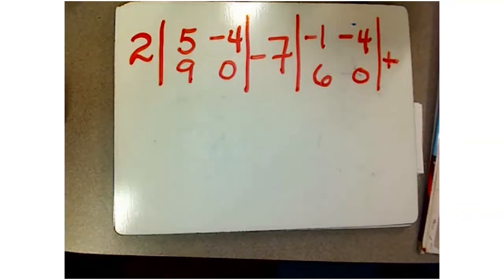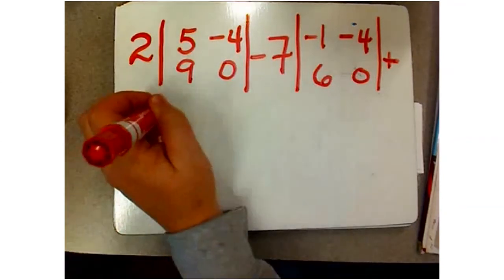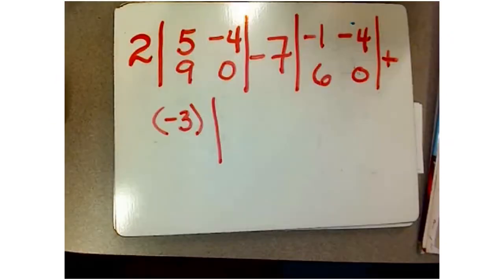Then it does minus, and then the scalar 7 times the minor of 7, open and close, -1, -4, 6, 0. You got to make your determinant look like a determinant. They're all on top of each other? It's just kind of weird how it's ordered.